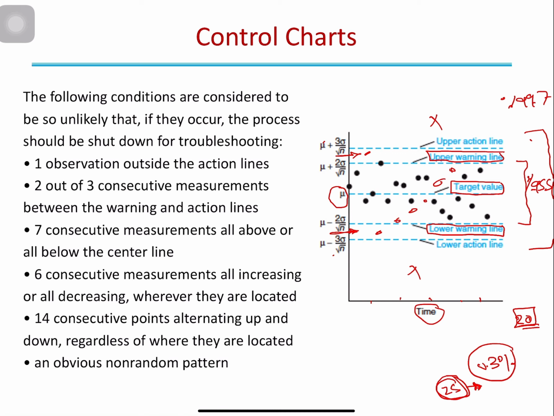If you have 14 consecutive values alternating between increasing and decreasing, it's again very clear that this is not random. Generally speaking, if there is anything that looks non-random, then we should stop the whole process and shut it down for troubleshooting.